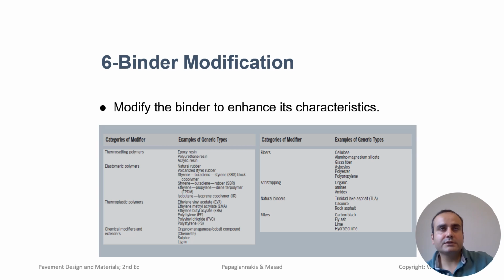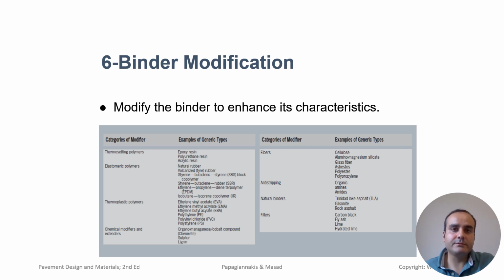As we mentioned in the previous slide, modification is a technique to improve the temperature susceptibility of asphalt binders, and in general it can be used as a technique to improve the rheological properties of asphalt binders. Modified binders are commonly used to enhance the elasticity, stiffness, and overall performance of asphalt binders.